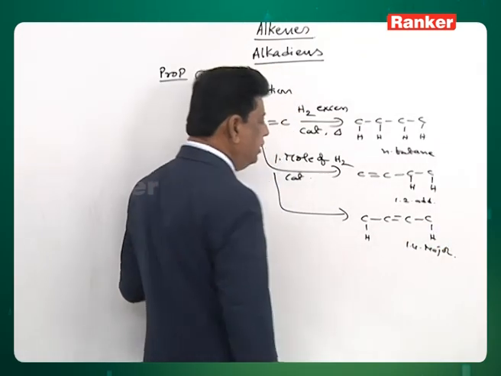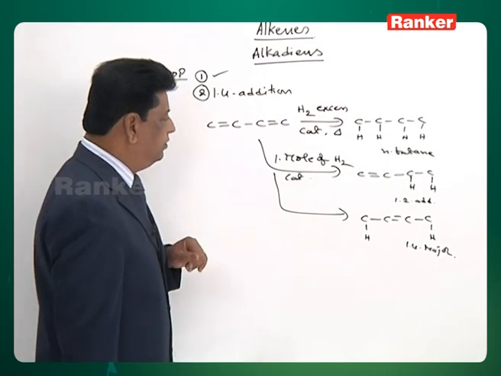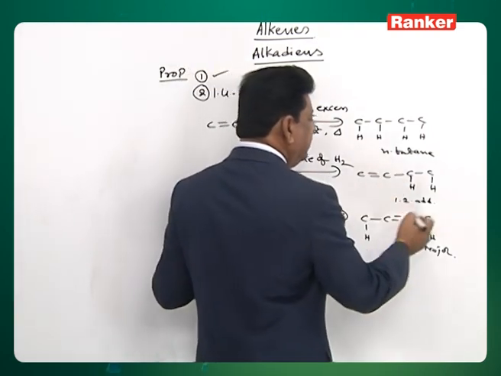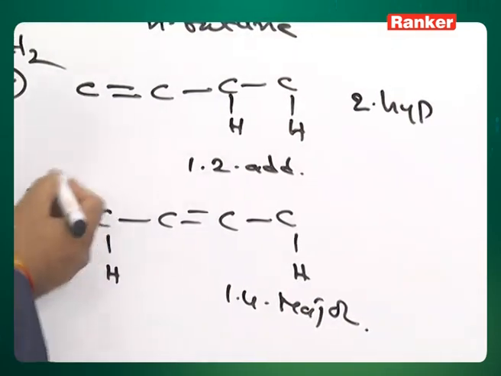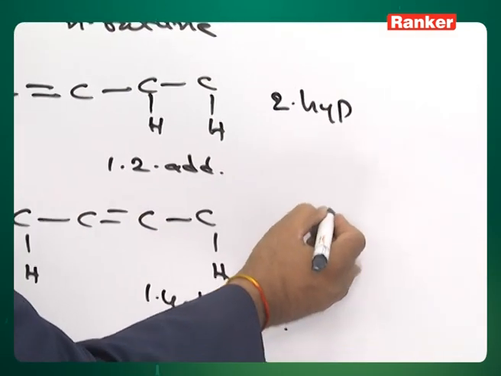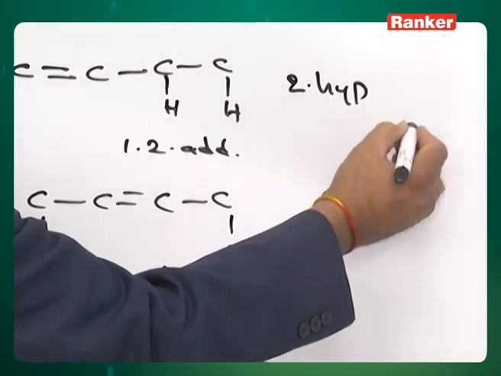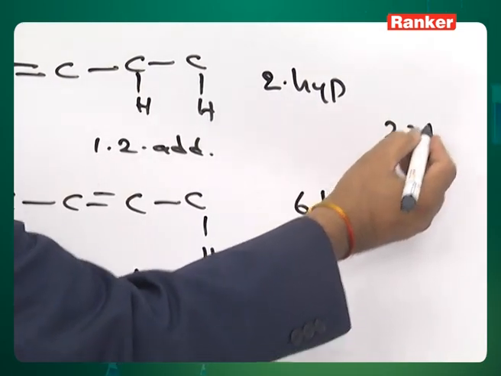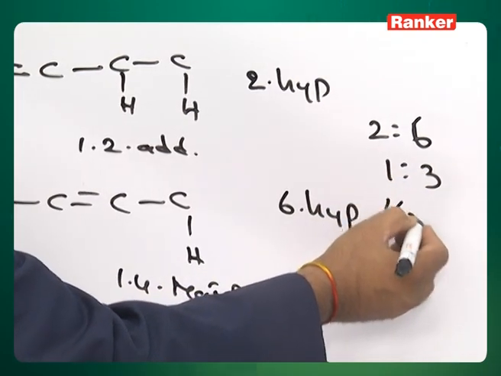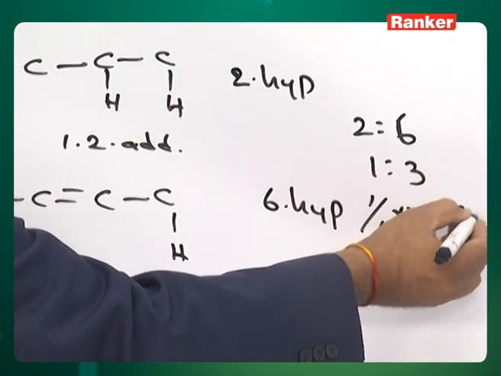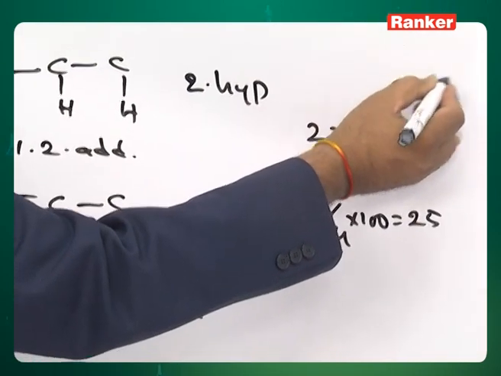Now, can we calculate the percentage of major and minor? In this case, there are 2 hyperconjugable hydrogens. In this case, 3 plus 3, 6 hyperconjugable hydrogens. That means 2:6, which is 1:3. That is 1 out of 4 into 100, which is 25%. So the first one is 25%.